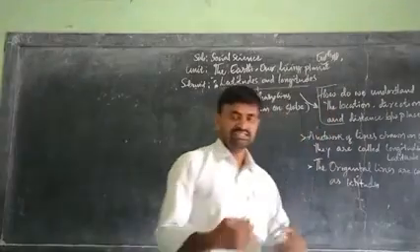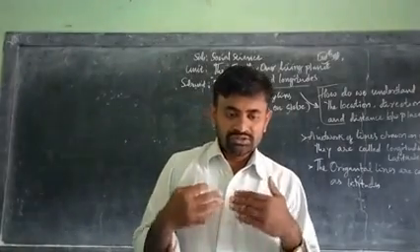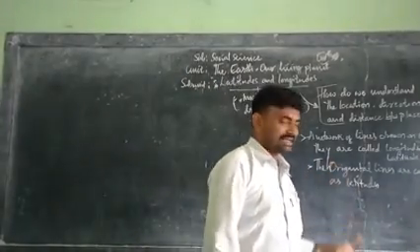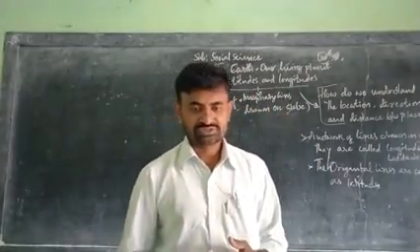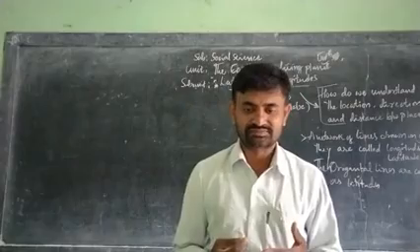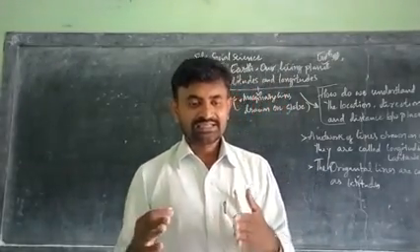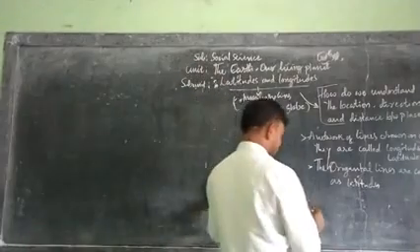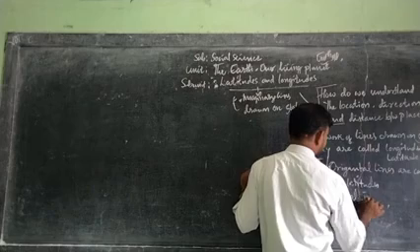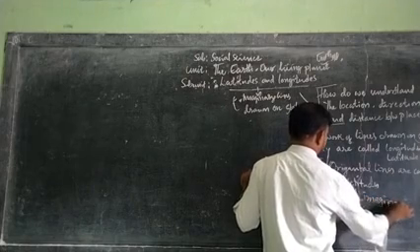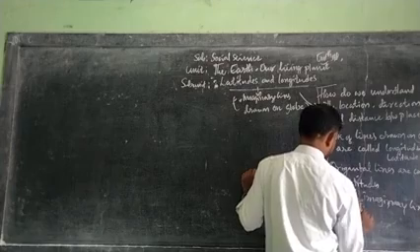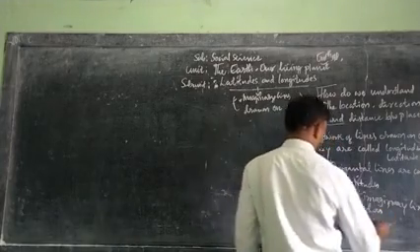In the same way, the horizontal lines are called latitudes, and the vertical lines, the vertical ones, are the lines of longitudes. Vertical imaginary lines are called longitudes.